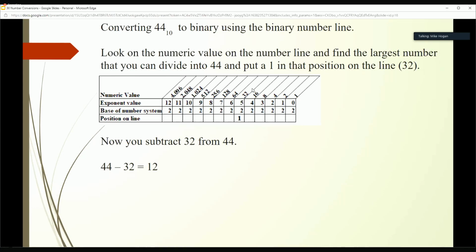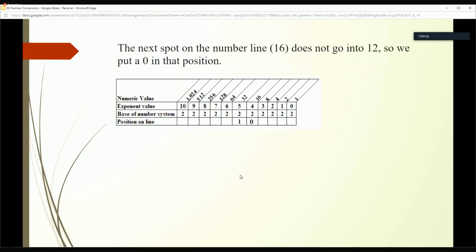Once you begin to feel really comfortable, you're going to say, okay, 32, I subtract, I've got 12 left. Well, I know that's an 8 and a 4, right? And so you write down where you need ones, everything else is zeros, to give you that number you're converting from decimal to binary. You can see that's what they're doing here.